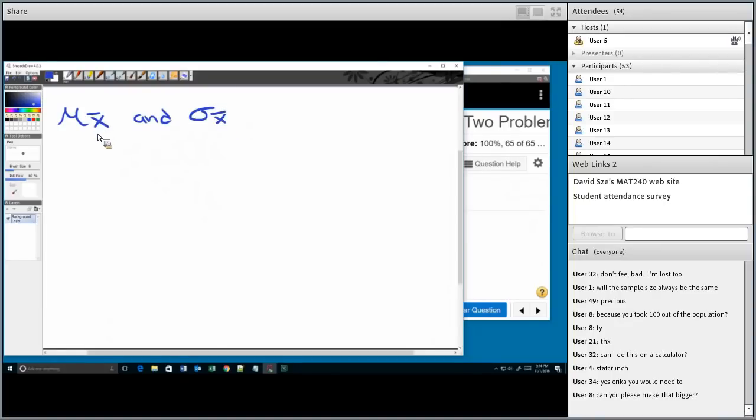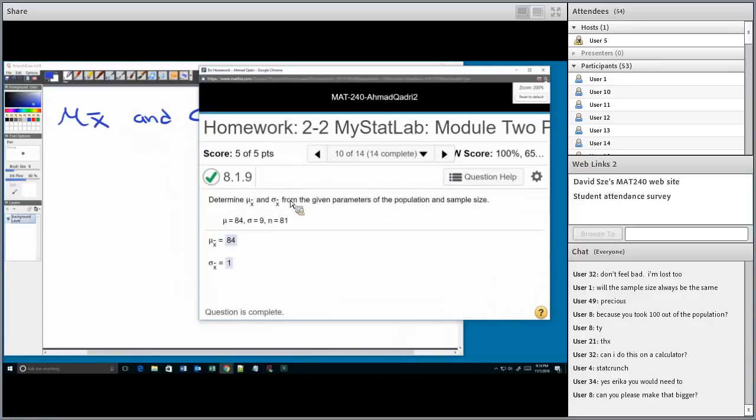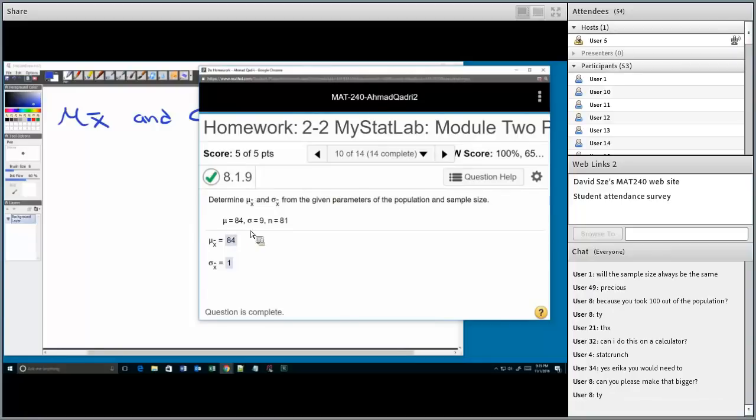This is the same thing as the x bar bar and the S that we just estimated. And here is the population data given to you. This is exactly the population data that I just used to show you the example.